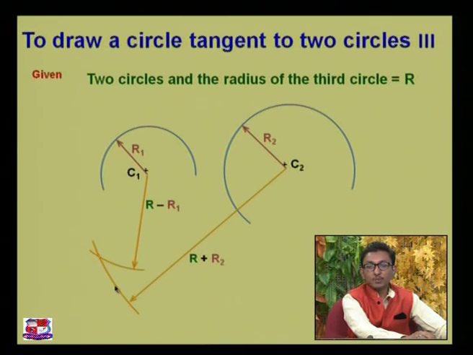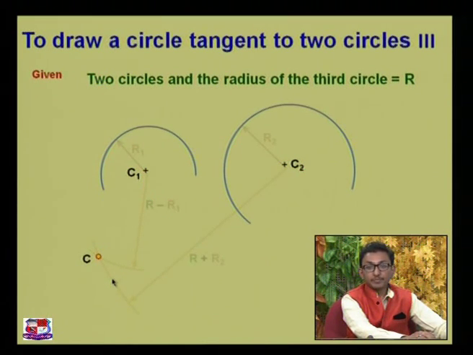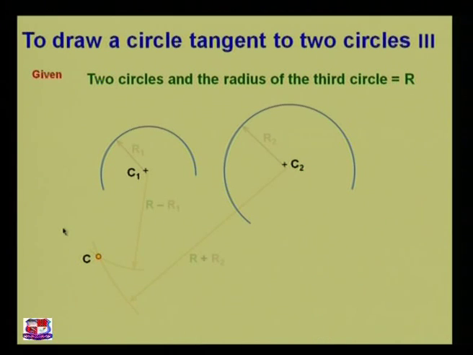We will name this point as point number C. Now what is the next step? The next step is, with the use of this compass, we have used the scale.